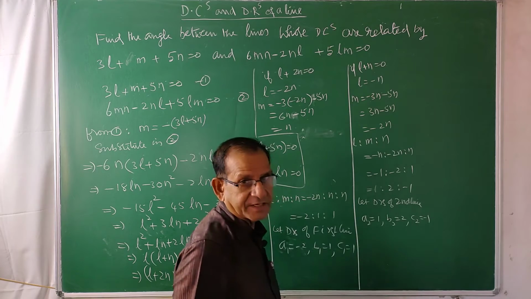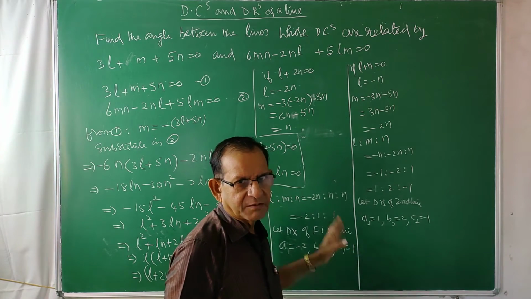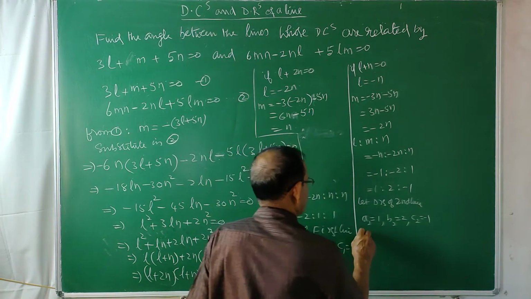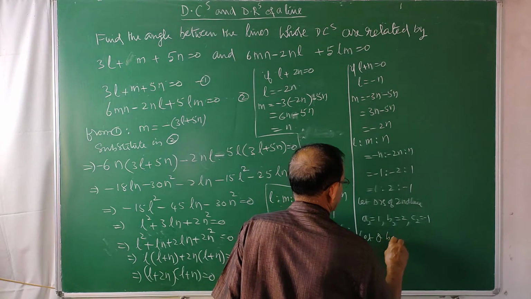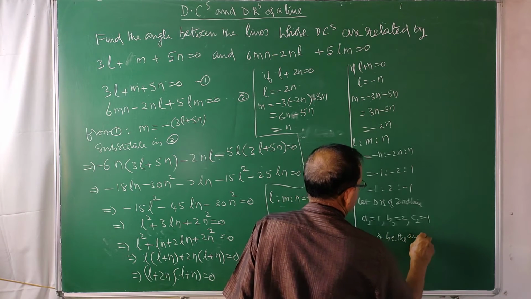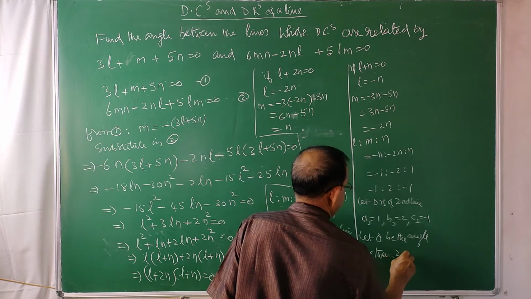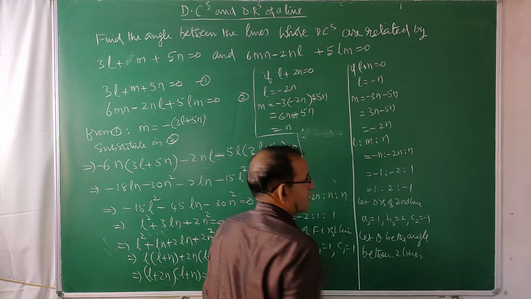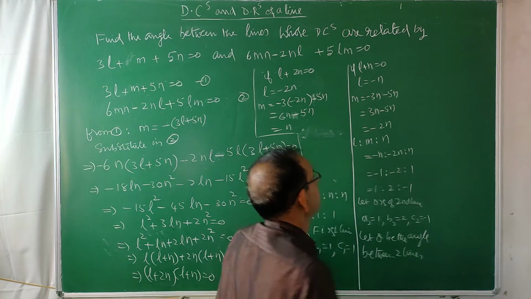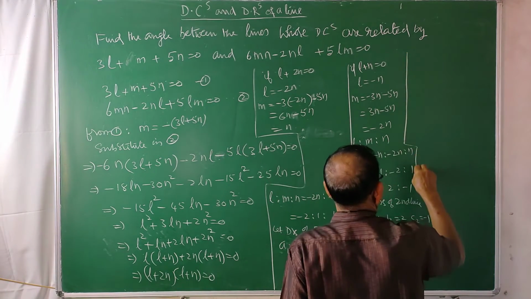Let us take the angle between the two lines as theta. Let theta be the angle between the two lines. Now let us write the formula for cos theta, because here only DRs are there.